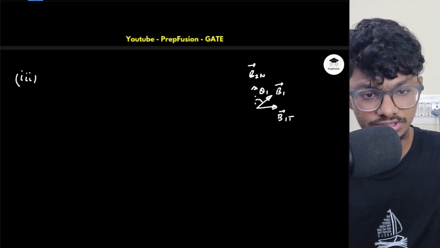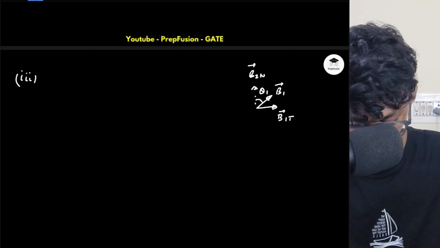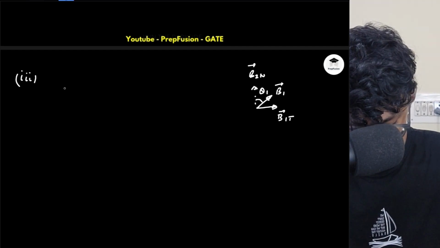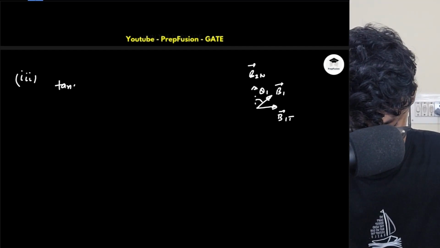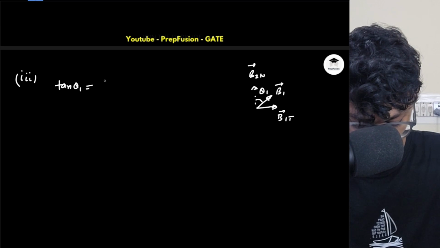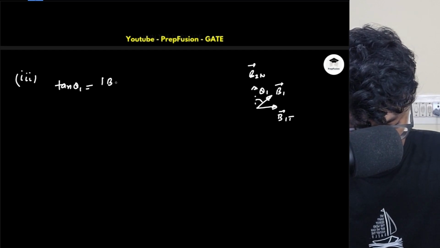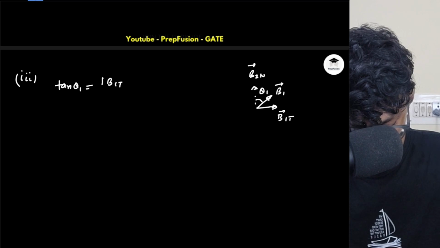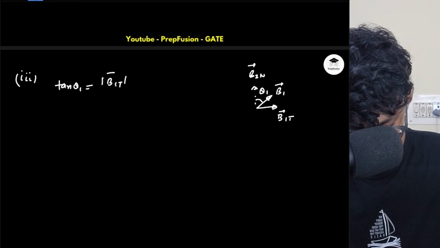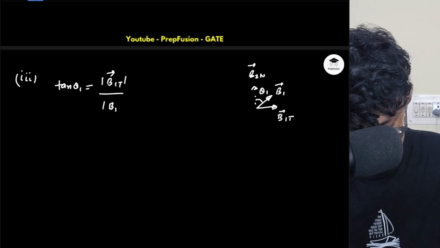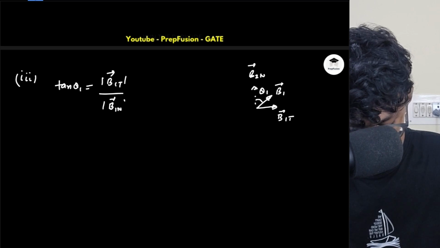So how do I find this theta 1? You can simply use this relationship: tan theta 1 equals what? The tangential component magnitude, B1t, divided by the normal component magnitude, B1n.